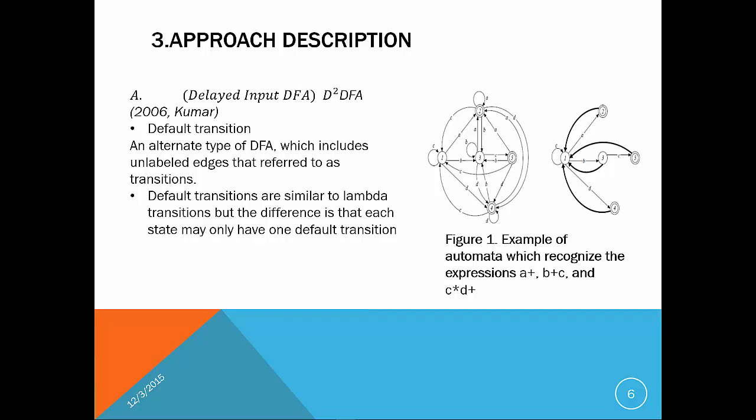When matching an input string, a default transition is used to determine the next state whenever the current state has no outgoing edge labeled with the current input character. We note that the right-hand automaton in figure 1 has just 9 edges, while the one on the left has 20. So we can say D-squared DFA generally reduces the number of edges by more than 95%.